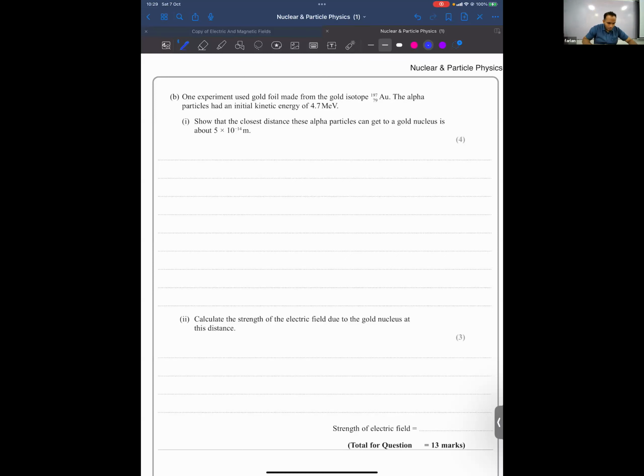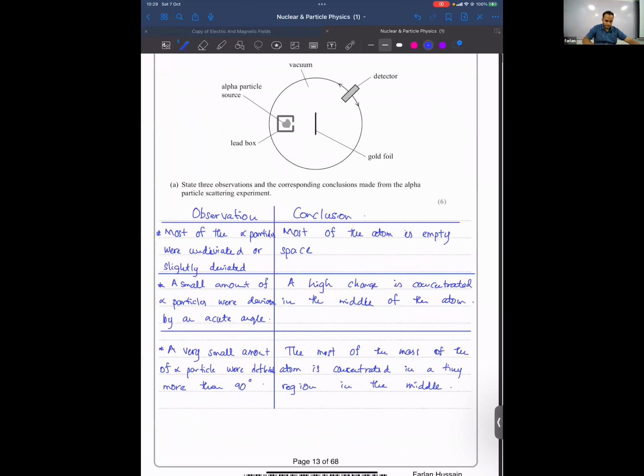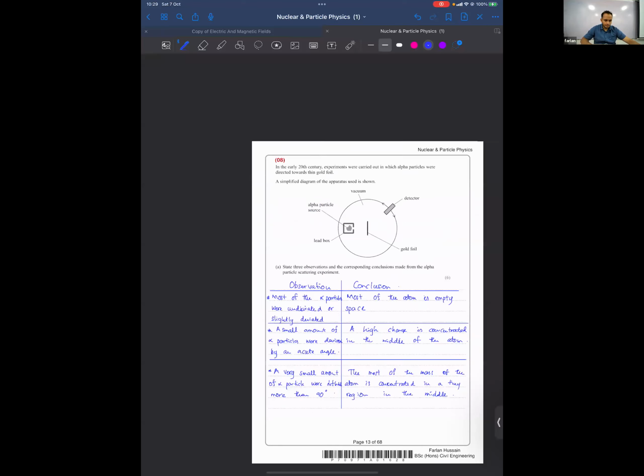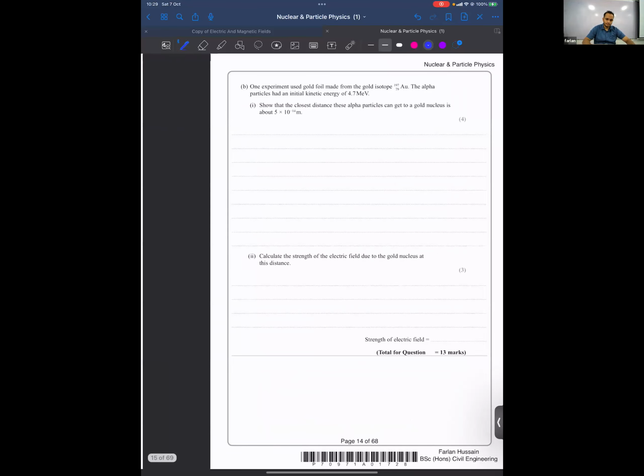Right, fine. Part B, one experiment. Read part B. Second one, right?